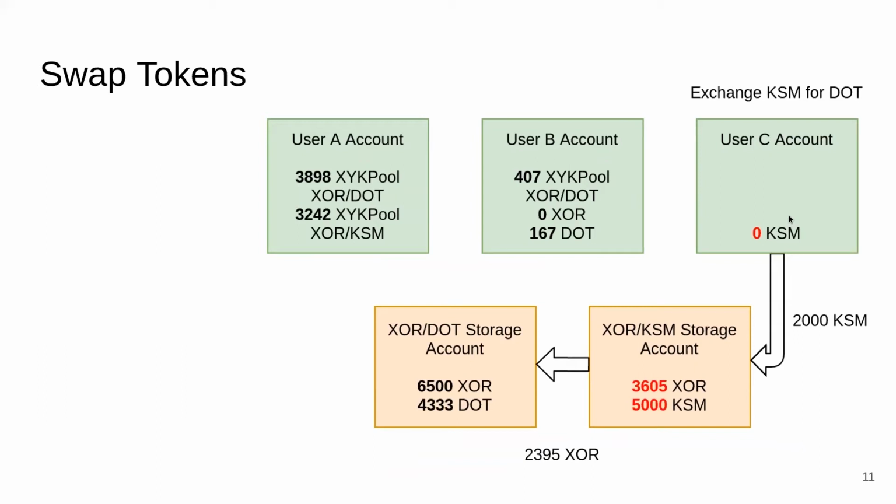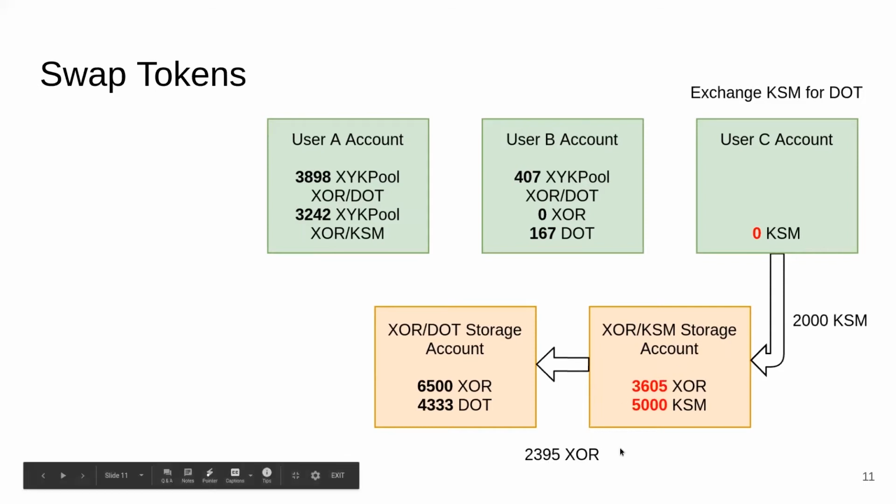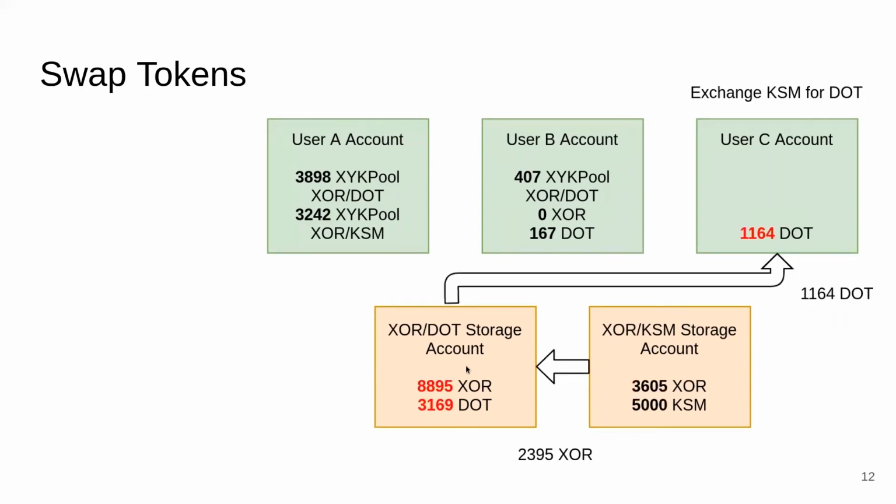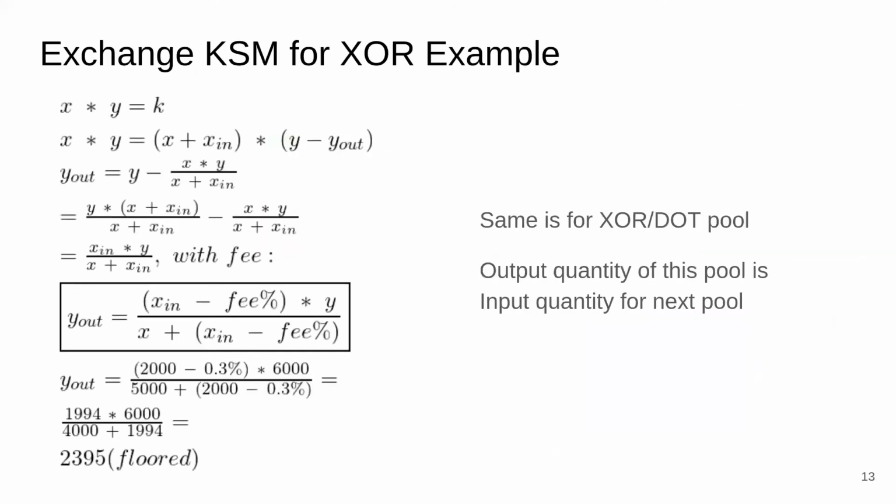Basically he calls the swap ISI, and with that he transfers his 2000 KSM to the first pool, which in this classical approach deducts the fee right there, and as an output the pool transfers the XOR into the second pool, which also swaps it for DOT, and the DOT tokens are returned to the account. So here the exchange happened.